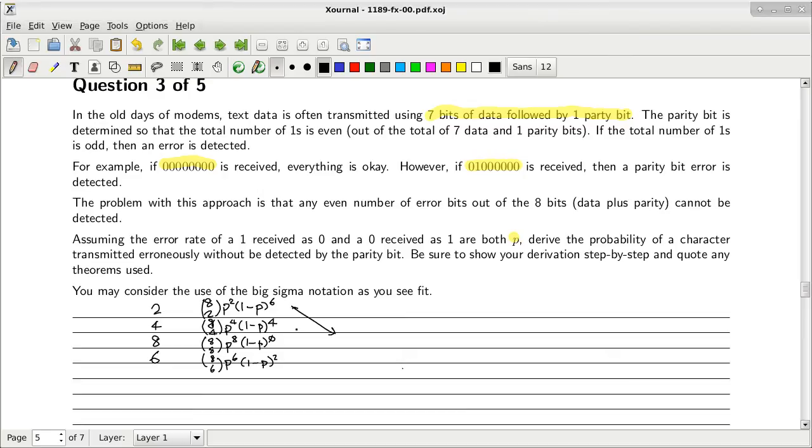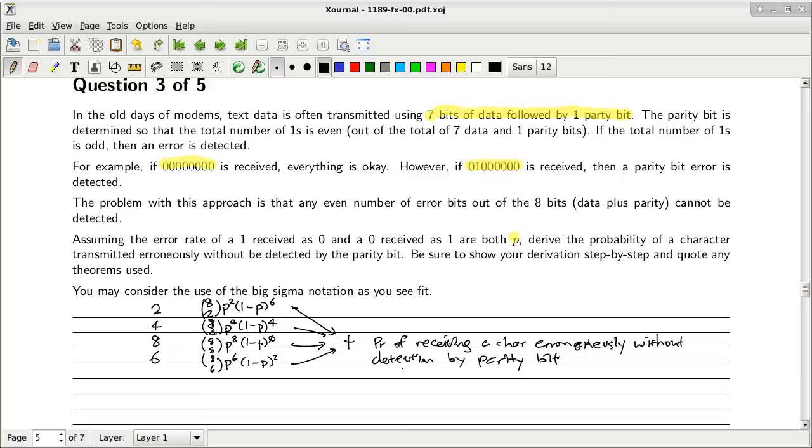If you want to use a more graphical way, you add up all these numbers, and then it becomes the probability of receiving a character erroneously without detection by the parity bit.